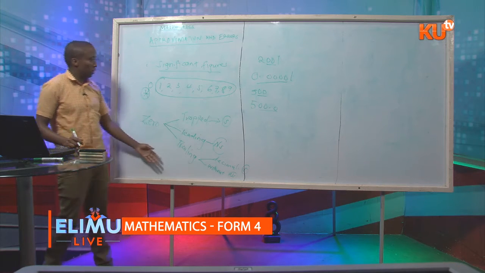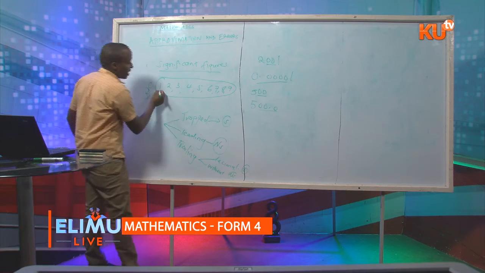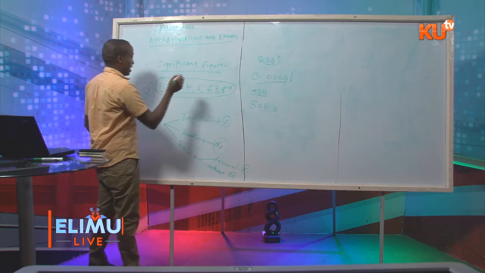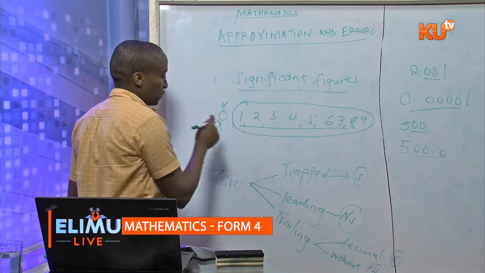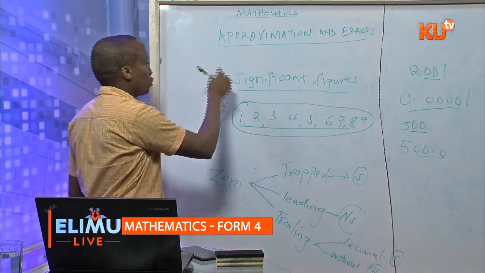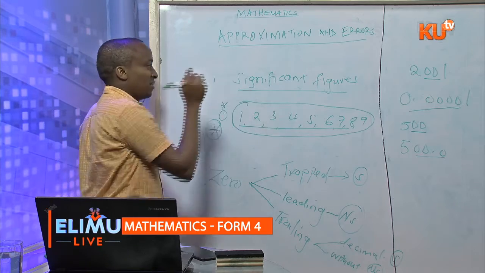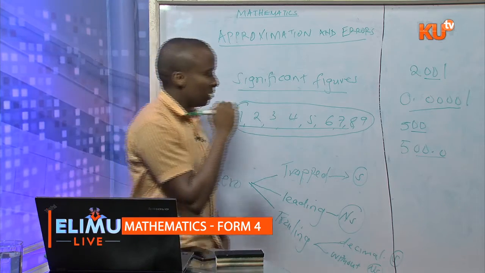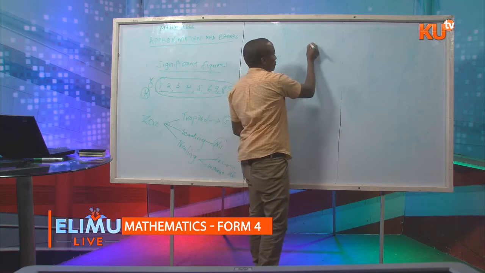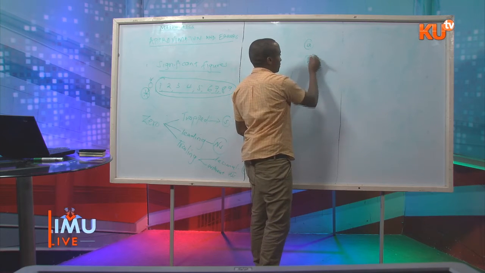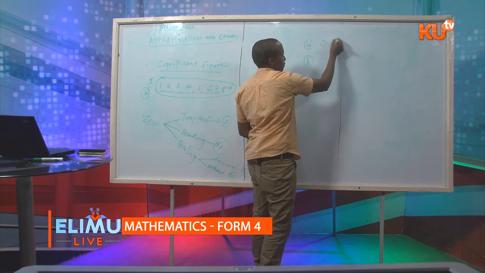But automatically all other numbers are significant, while zero has conditions. This is one of the subtopics of this topic that you need to understand. At the end of the topic, you have to know what significant figures are. So let us go about these examples.